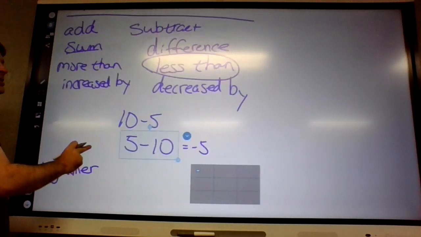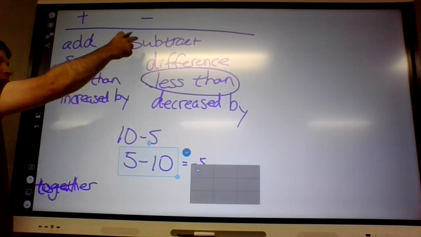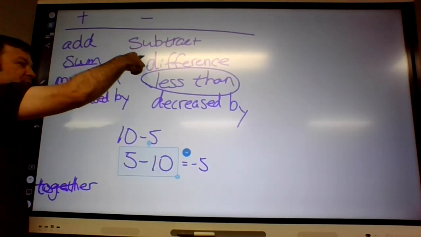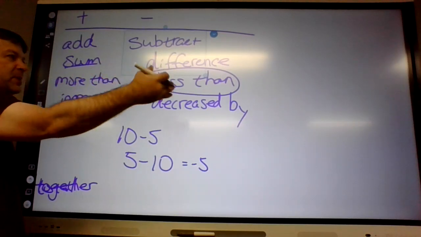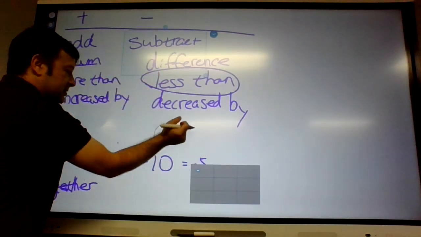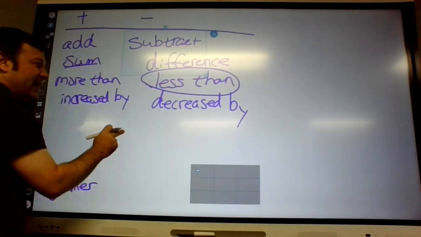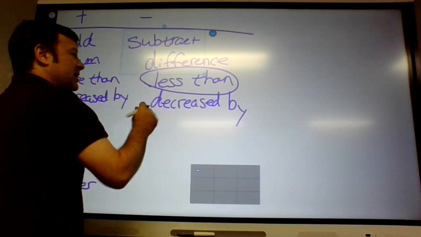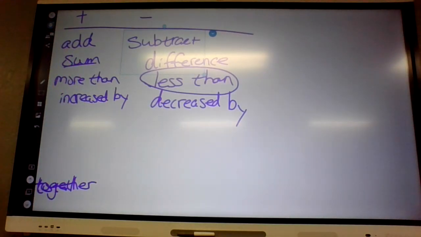Less than is backwards. The others are not. If you say the difference of this and that, you just do this minus that. Less than is the only one that's backwards. Subtracted from is also backwards, but I'm not sure it shows up on this.